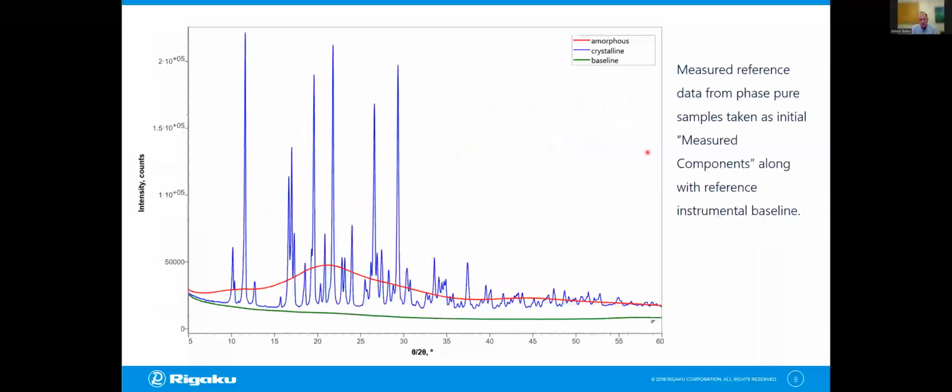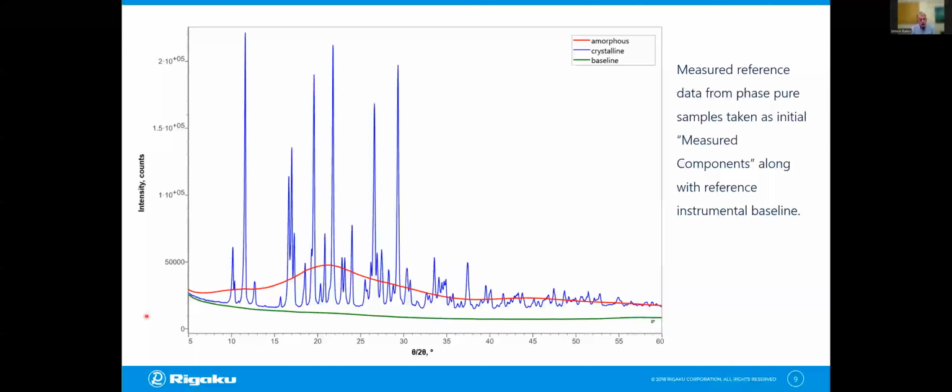In actual fact, if we look at that, we would normally treat them as three components that make up that data. The first of those components is the instrumental background. Now, the instrumental background scales very, very differently than the actual diffraction signal from the sample. So in component analysis, and in fact, for all total diffraction analysis, it's really important that you understand, model, or measure the true instrumental background for your instrument.